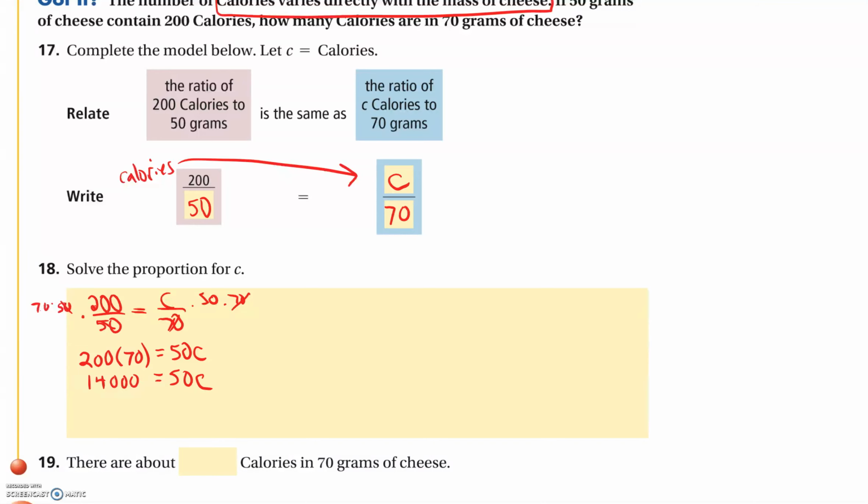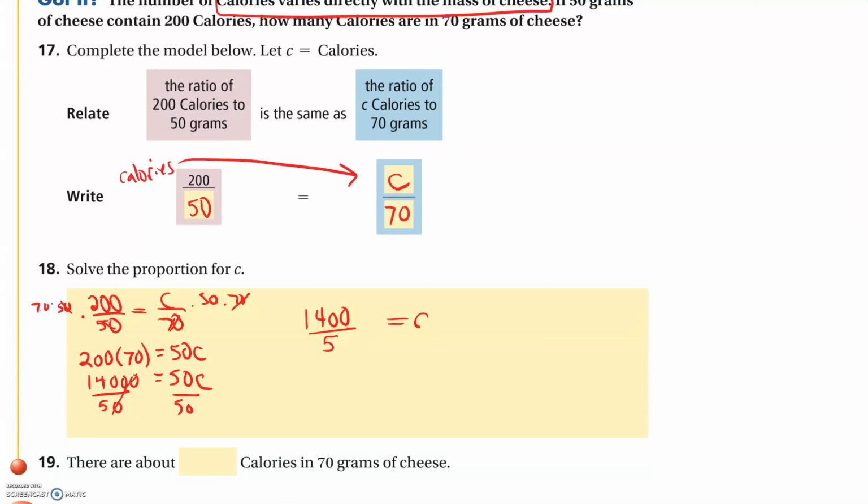Now we just did a product there. Divide by 50. So now we have c equals, and when I do this division, I can take these zeros, and that's like dividing 10 out of it first. So I could think of it like 1400 over 5, which is the same proportion as 14,000 over 50.